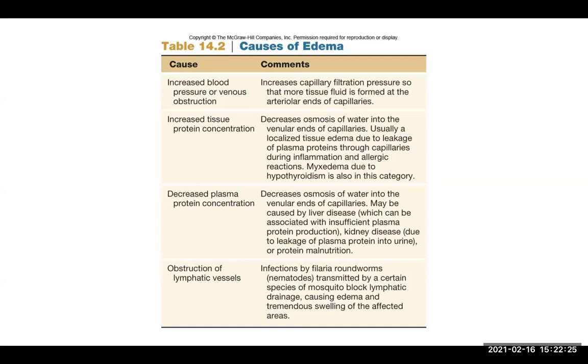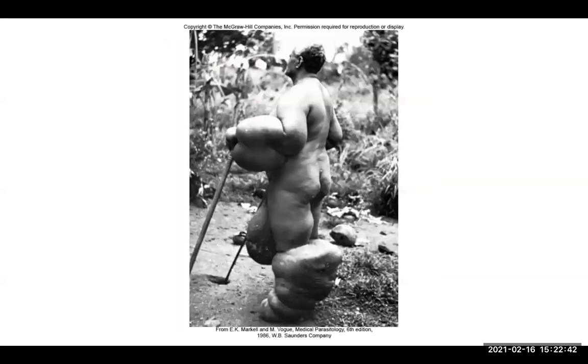Treatment can include basically getting rid of the worm or the infection, which hopefully would stop the further infestation of it. But this is what elephantitis can look like. Again, this individual has swelling at different limbs due to all of the obstruction of the lymphatic system.